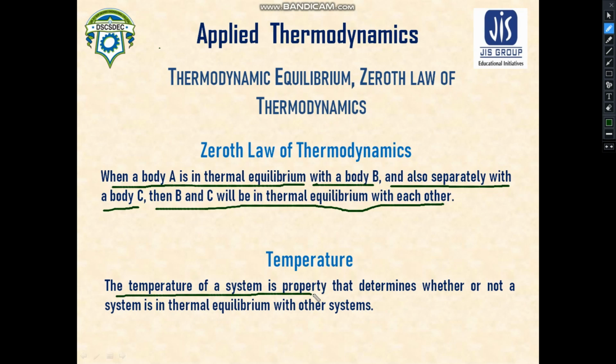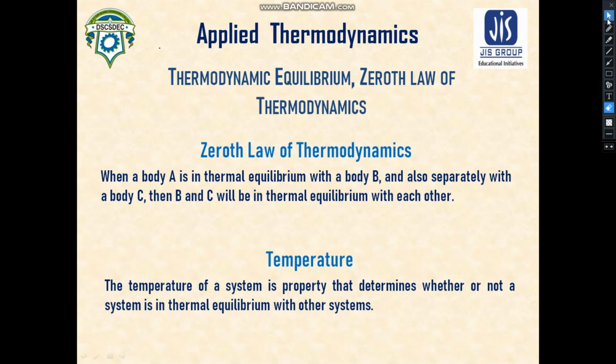Temperature of a system is a property that determines whether or not a system is in thermal equilibrium with another system. So this becomes very important. The concept of thermal equilibrium becomes very much important to define the case of temperature. Okay, so I hope you have understood all these things. So we were primarily discussing thermodynamic equilibrium.